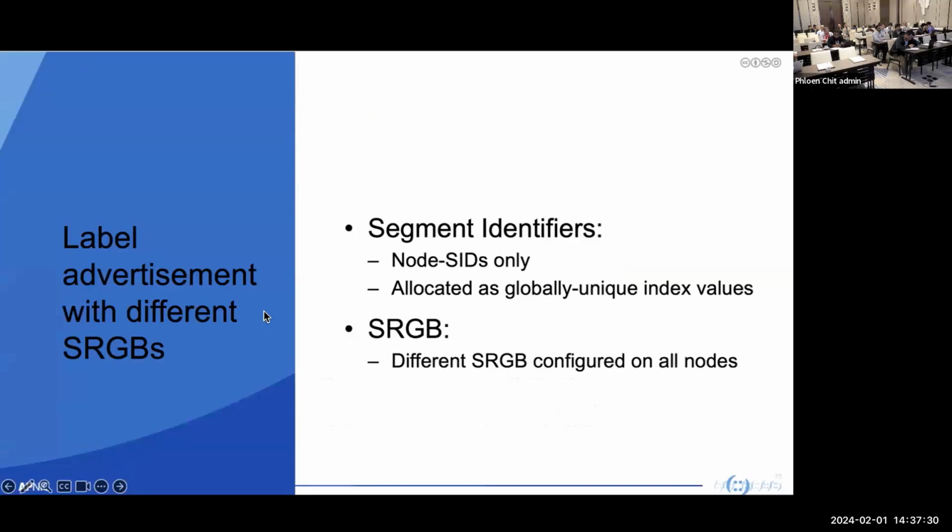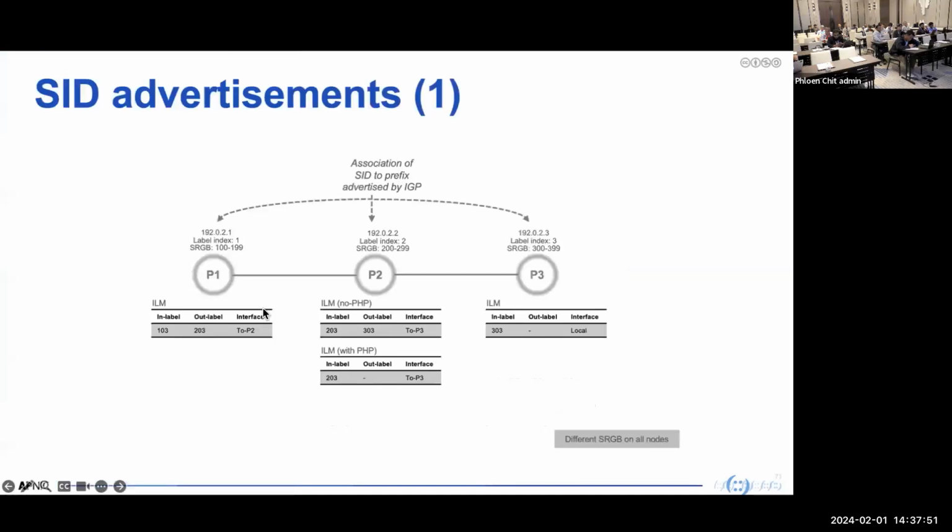Here is an example of label advertisement with different SRGB ranges. Same as in the previous example, for simplicity, we will use only the node seed to demonstrate this. All the node seeds are now allocated as unique index values instead of absolute values. This is because all nodes have different SRGB configurations. So we can have a look at this diagram.